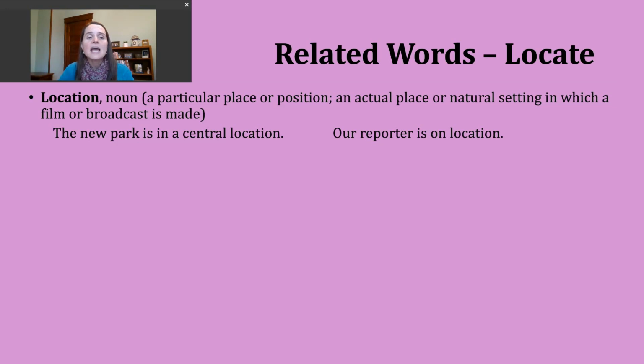Or sometimes it gets used with newscasts when we have reporters at the actual place that is being discussed or reported on. So something you might hear someone say in a newscast would be, our reporter is on location. They are really there. They're not in the studio or at some other place reporting on this matter.